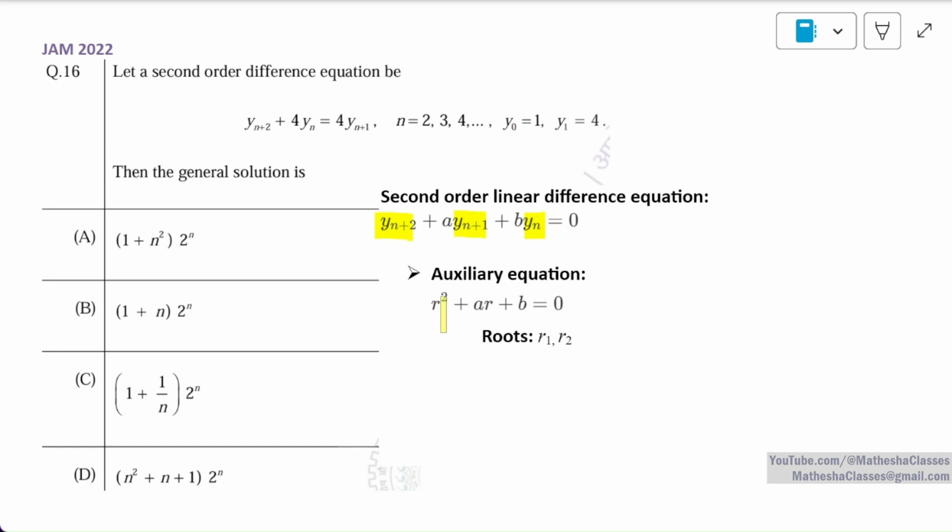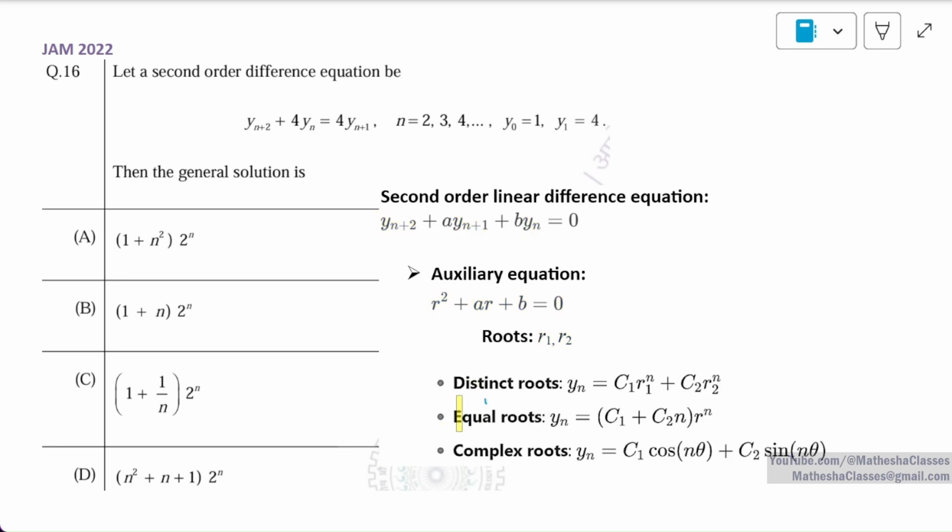So we'll get the auxiliary equation r^2 + ar + b = 0. So definitely it will have two roots. Now those two roots have three possibilities. First, they are real and distinct. Second, they are real and equal. And finally, they are complex roots.